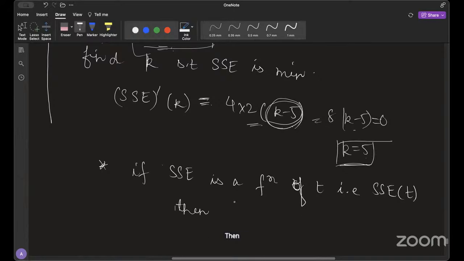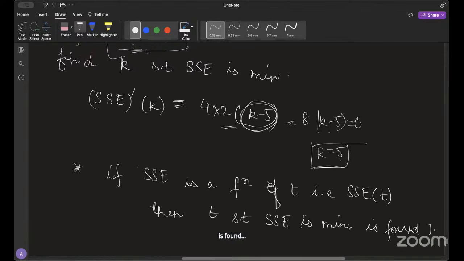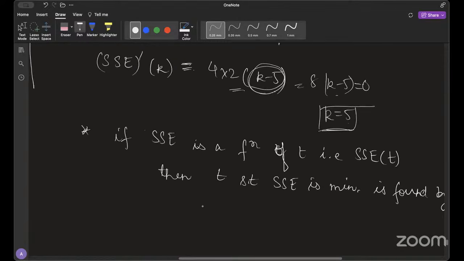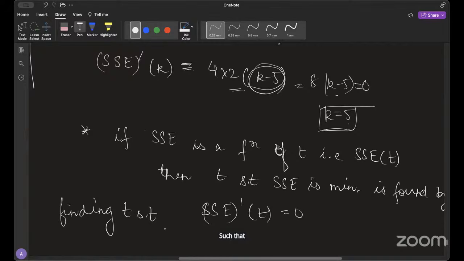Then t such that SSE is minimum is found by taking the derivative of it and equating, found by finding t such that this derivative is 0. Is this clear?